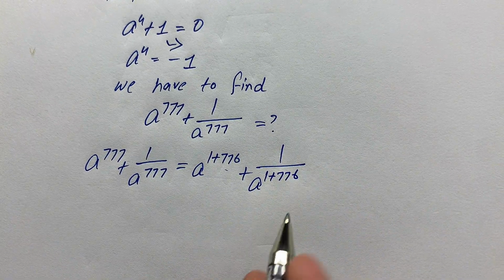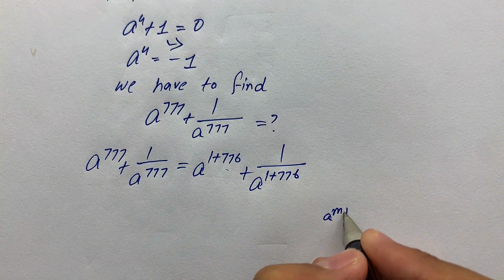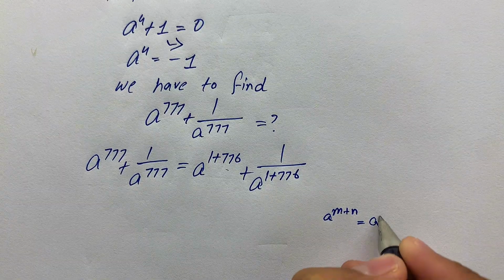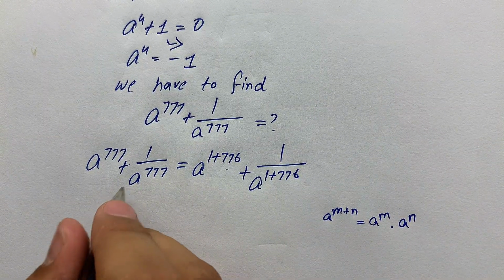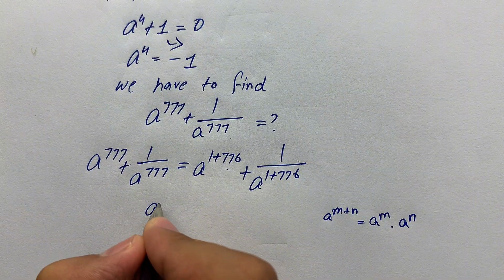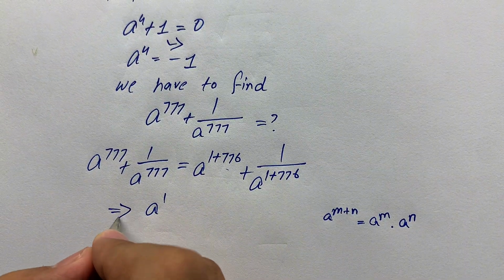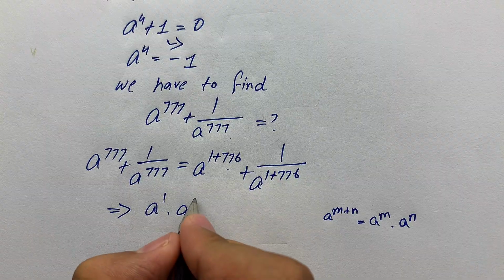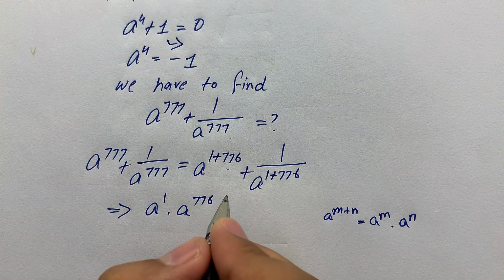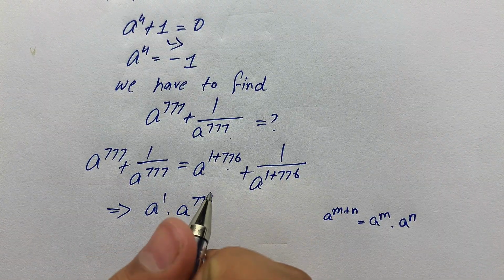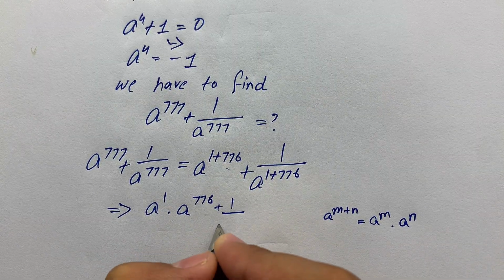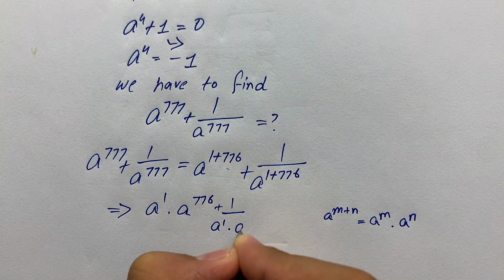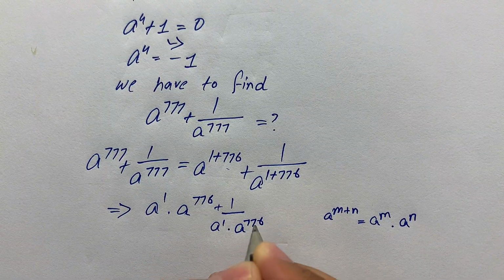Now we use this formula, a to power m plus n is equal to a to power m into a to power n. So a into a to power 776 plus 1 divided by a to power 1 and a to power 776.